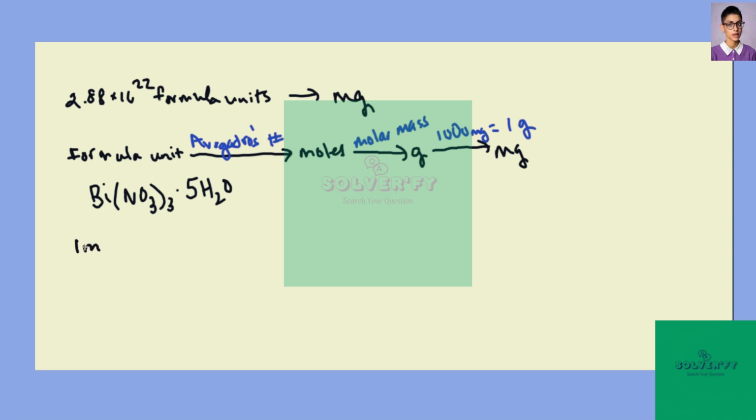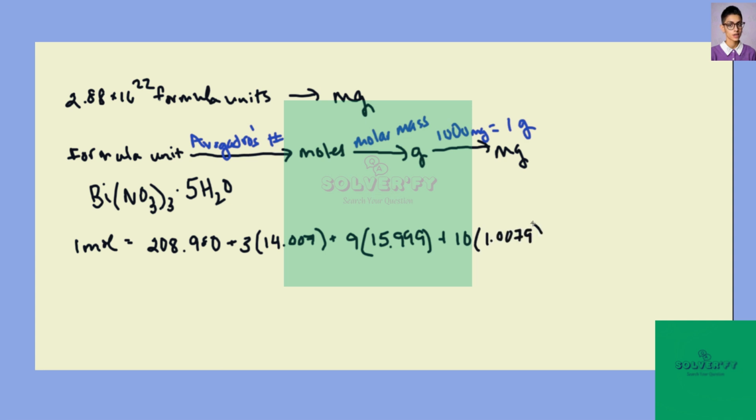And so 1 mole will have the mass of bismuth from the periodic table, which is 208.980, plus 3 nitrogens, 3 times 14.007, plus 3 times 3, or 9 oxygens, plus 5 times 2, or 10 hydrogens, plus 5 oxygens.